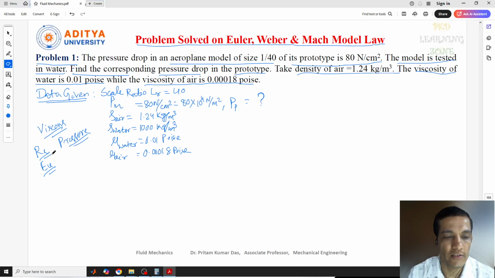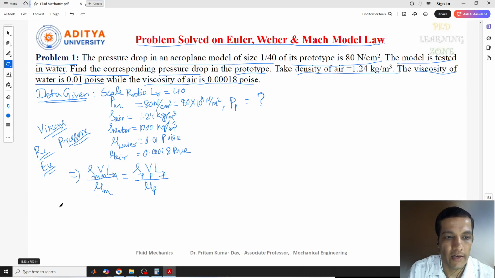First we'll see the Reynolds number. Let's write down the Reynolds number of the model and of the prototype. We know the Reynolds number equals rho V D, but here we can consider length, because the length ratio is given. So this is rho V L by mu for the model, equal to rho V L by mu for the prototype.